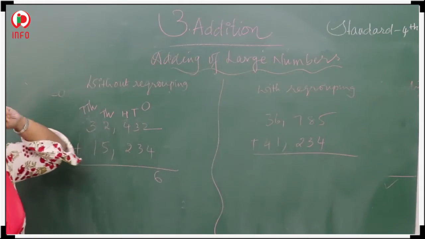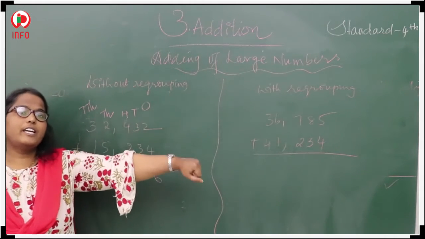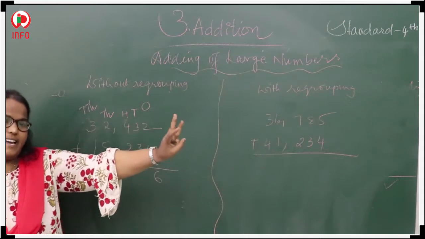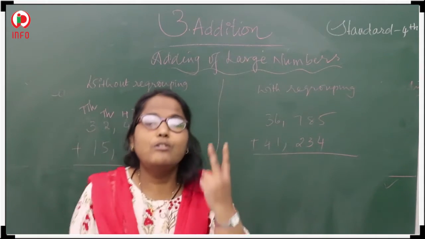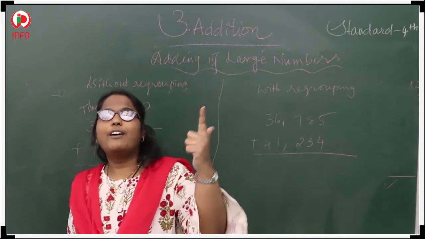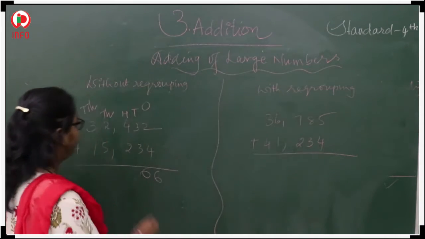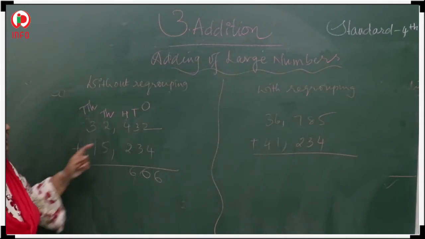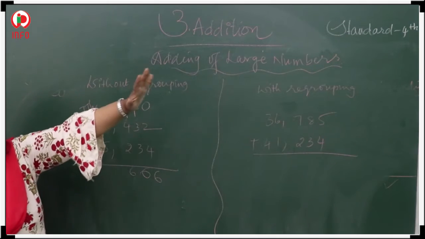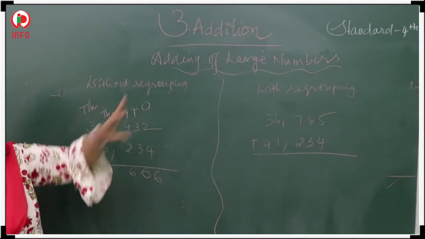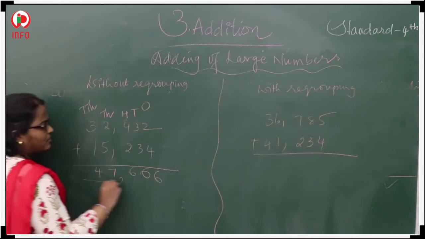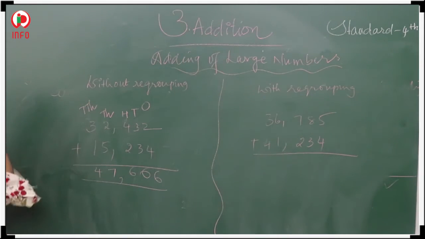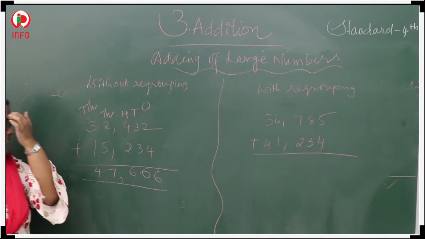Again 3 in the mind, 3 fingers out: 4, 5, 6. Again 4 in the mind, 2 fingers out: 5, 6. Again 2 in the mind, 5 fingers out: 3, 4, 5, 6, 7. 3 in the mind, 1 finger out: 4. So this is the addition without regrouping.